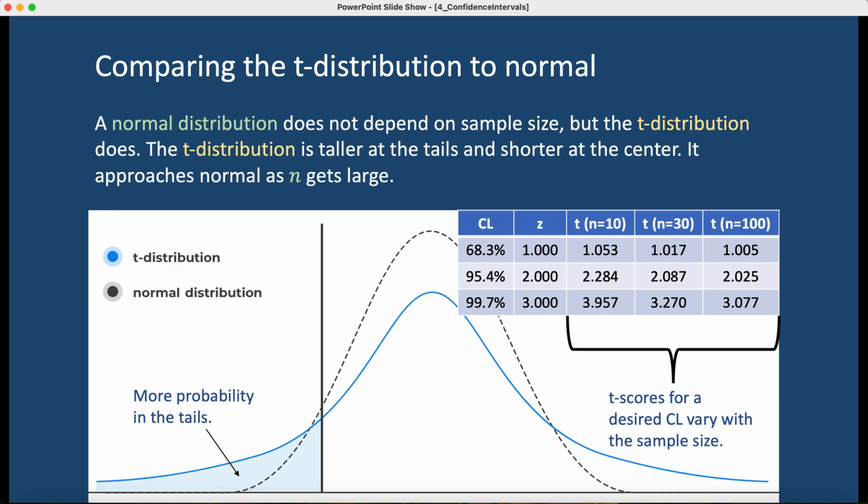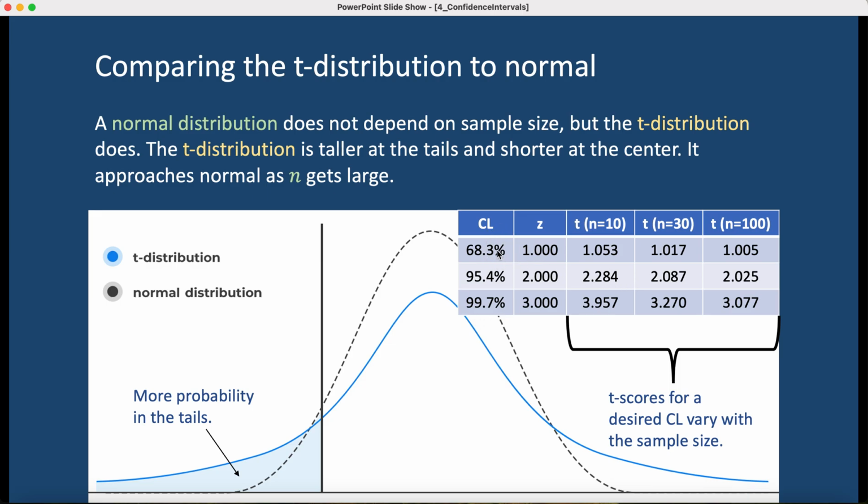It accounts for a little bit more likelihood that you get an extreme value than the normal distribution does. So there's still some chance of getting a value over here, whereas with a normal distribution, it pretty much goes to 0. And so it's a little bit shorter, a little bit wider than the normal distribution.